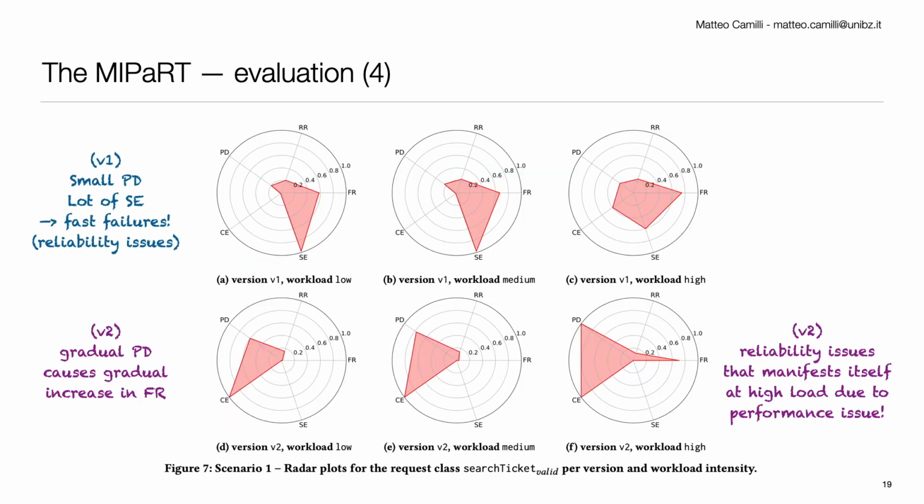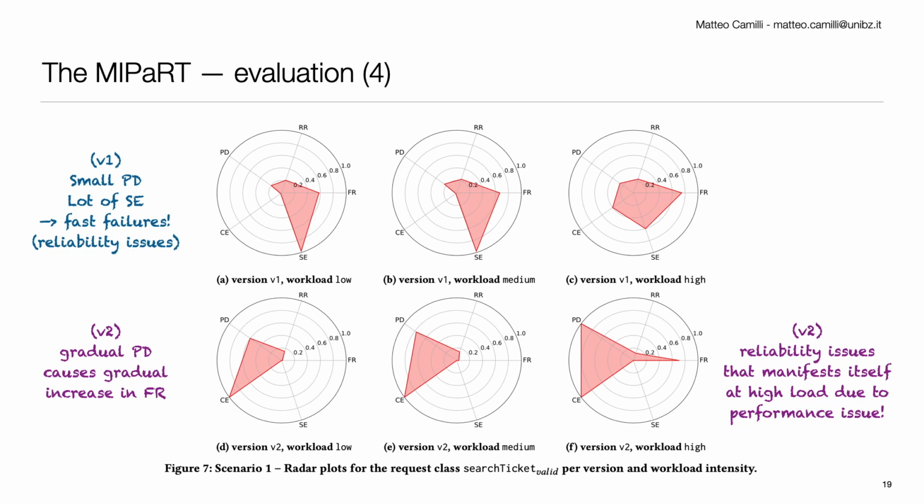Further explanation can be obtained by looking at the radar plots of individual classes. For instance, in this slide, we have the radar plots of the search ticket valid class. We can see that in version 1, we have the very same performance degradation, no matter what the workload intensity is. And we also have a lot of server errors. These essentially are fast failures, revealing pure reliability issues with this class.